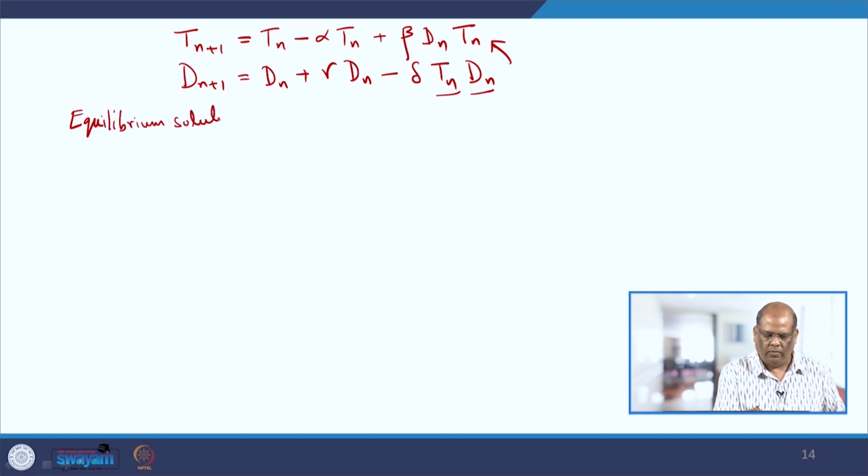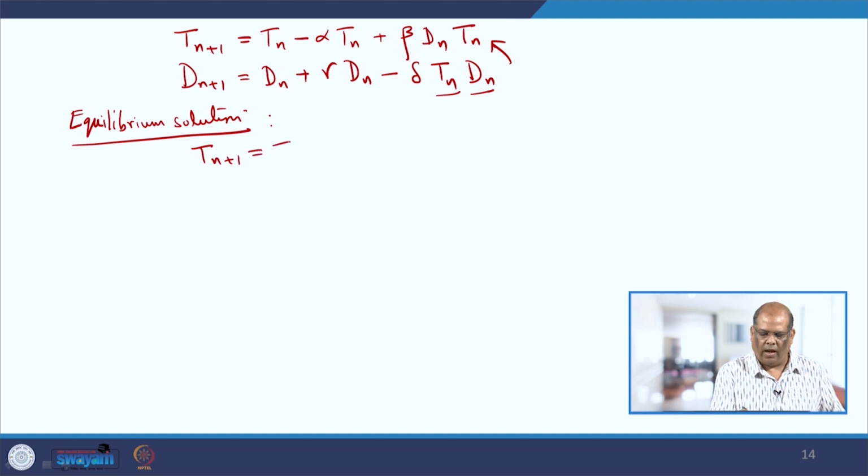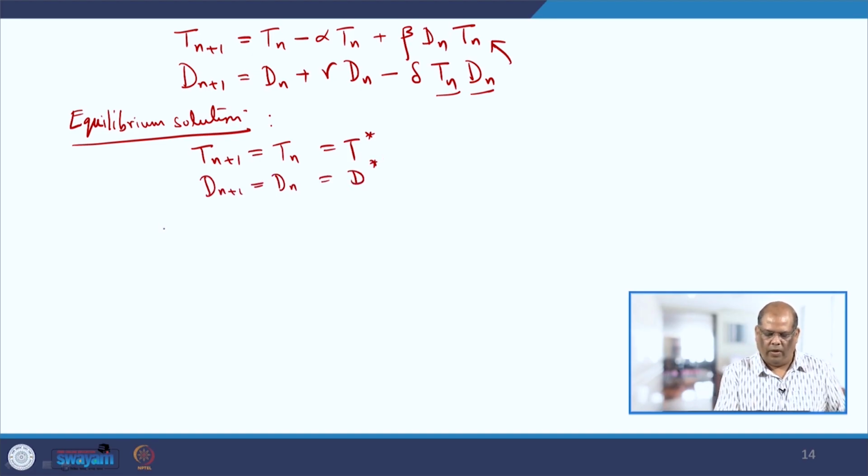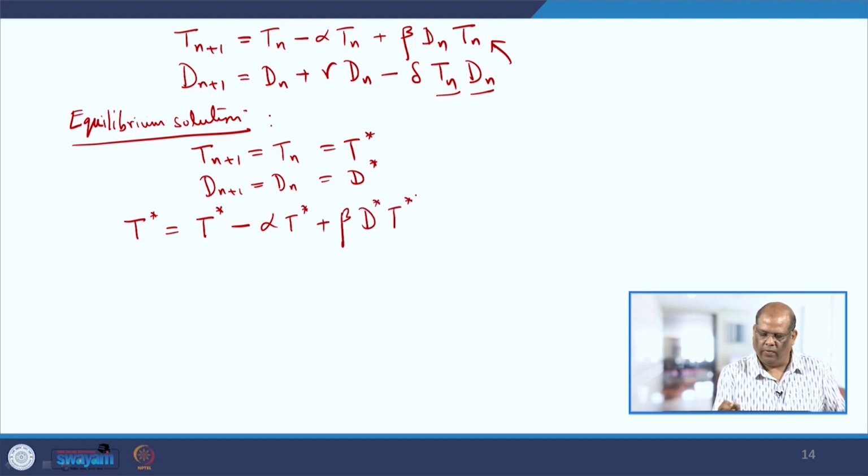So if we now look into this model, our first thing is the equilibrium solution. That means there is no change between n and n plus 1, and we substitute that to be T star and D star. So you put the value here and you get T star equal to T star minus alpha T star plus beta D star T star.